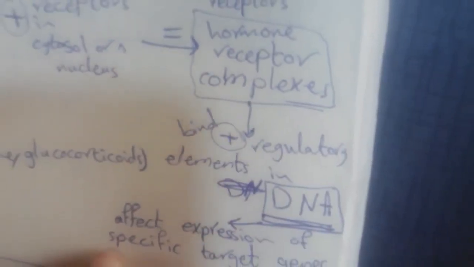This means these hormones, which are lipid soluble, pass through the plasma membrane by diffusion and interact with receptors in the cytosol or the nucleus, leading to formation of the hormone receptor complex.